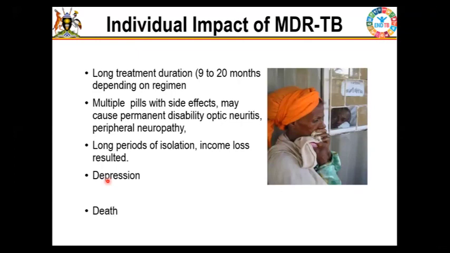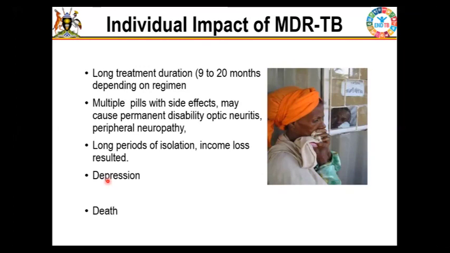So what is the impact to the individual? The impact is that the therapy is long, it can be 9 months to 20 months. The drugs are many. Patients take almost a handful of drugs, 5 to 7 drugs.